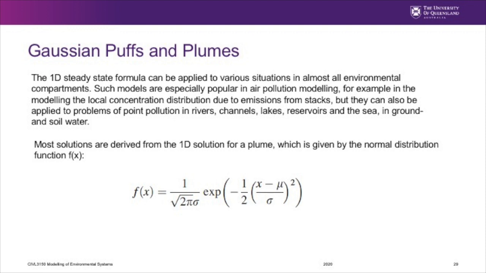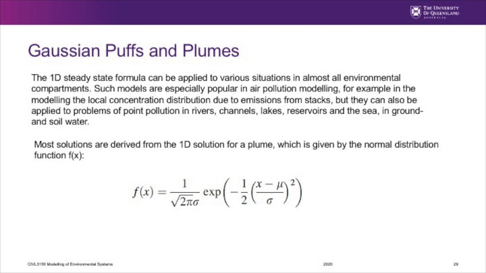So the 1D steady state formula can be applied to various situations in almost all environmental compartments. Such models are especially popular in air pollution modeling. For example, in modeling the local concentration distribution due to emissions from stacks, but they can also be applied to problems of point pollution in rivers, channels, lakes, reservoirs, and the sea, in ground and soil water.